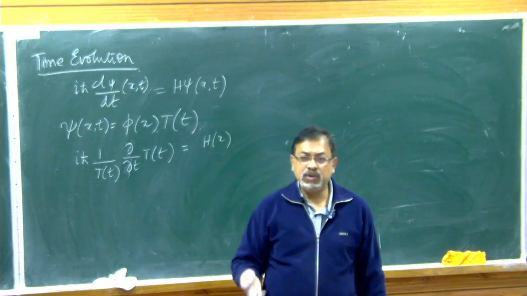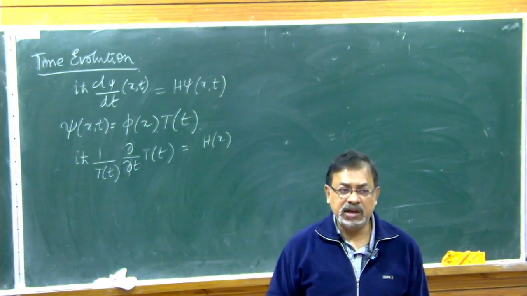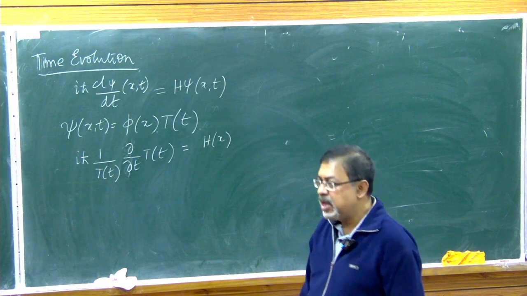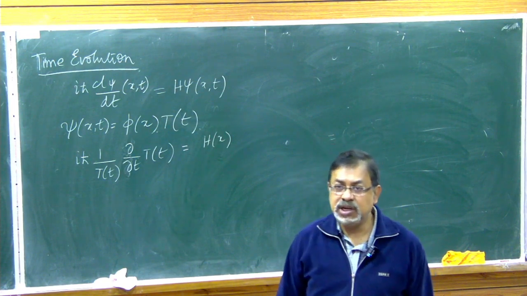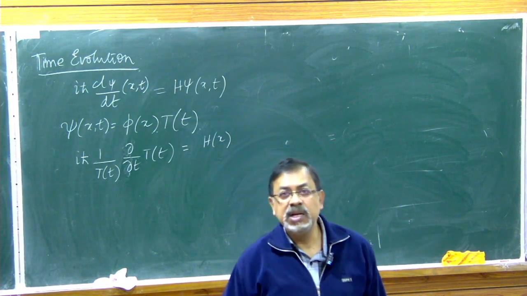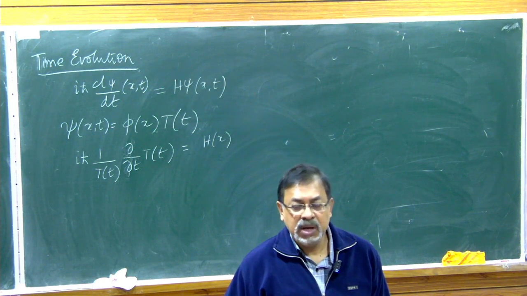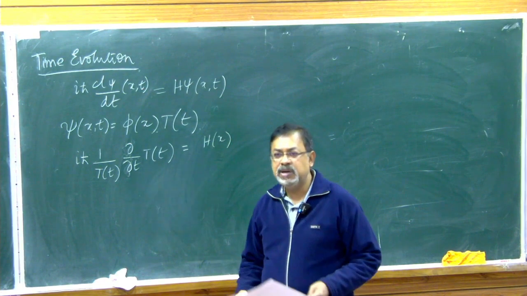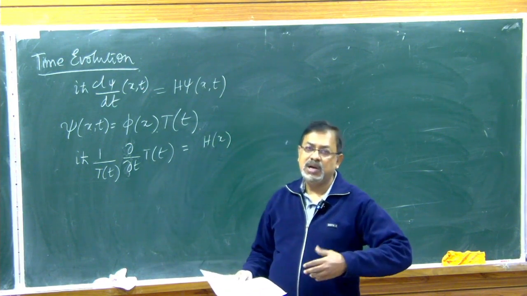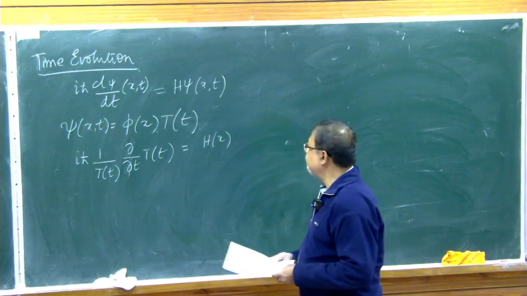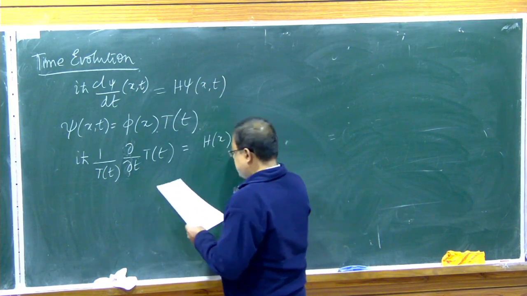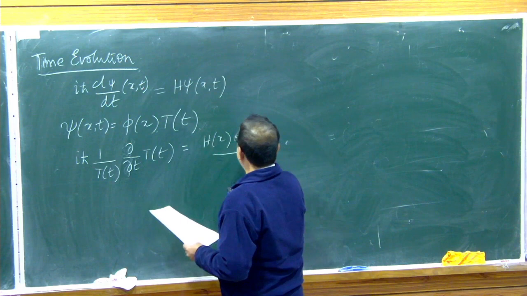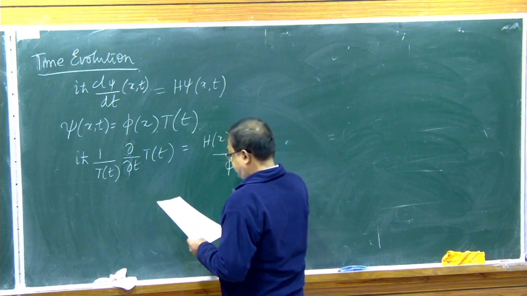You might have found the Lagrangian for electromagnetic fields, in which case you have a velocity dependent potential, and that is not a conservative system, because velocity dependent potentials come in friction as well. So this is equal to H of phi of x divided by phi of x.